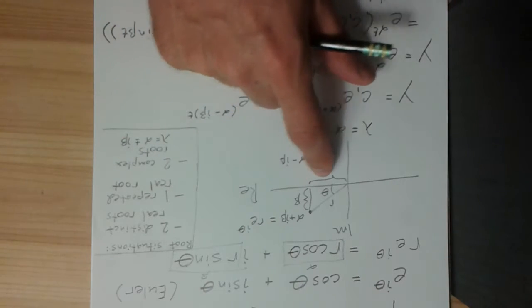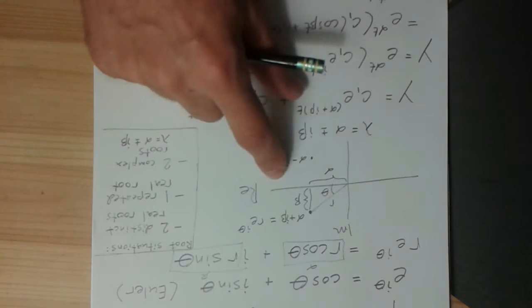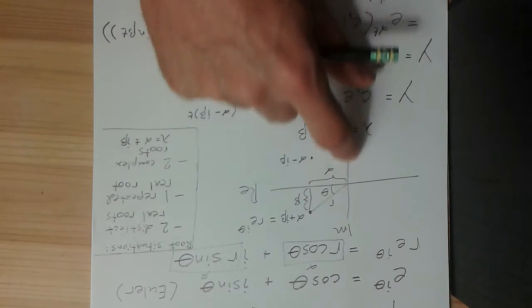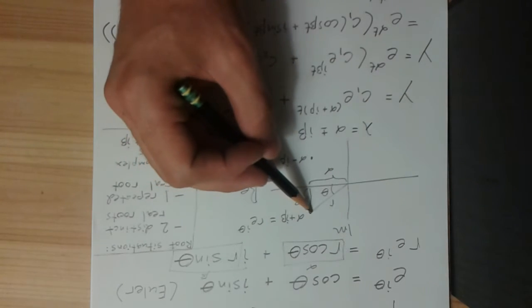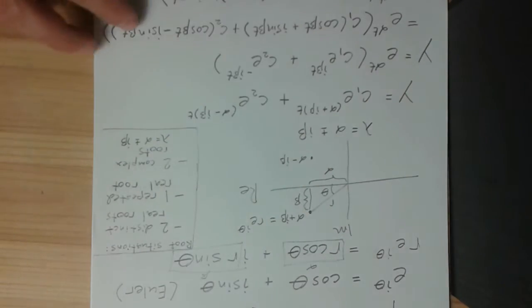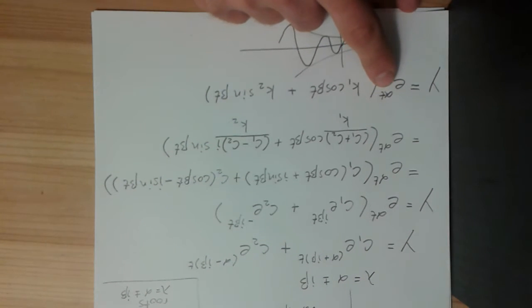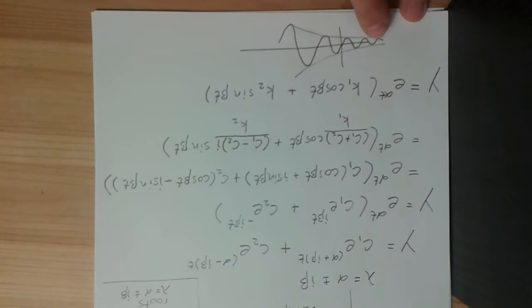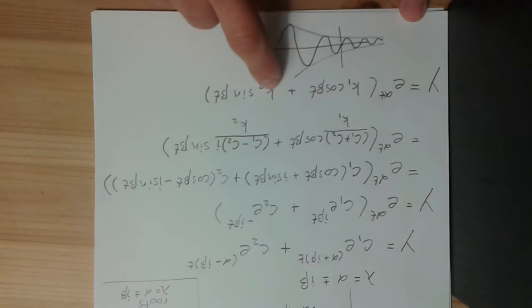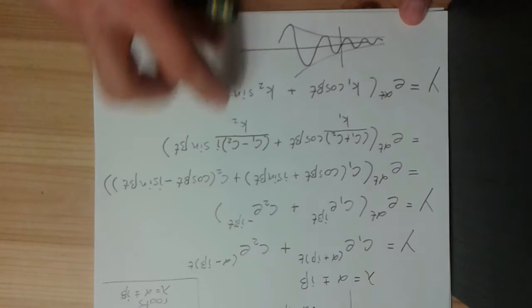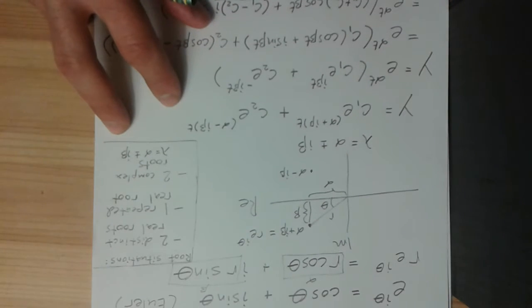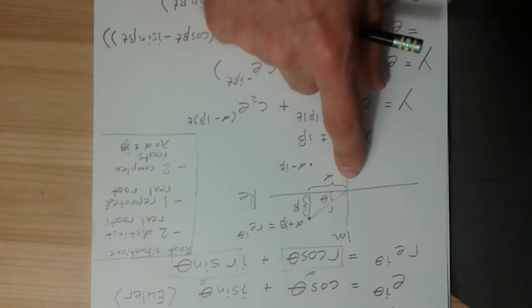Well, the real axis has some sort of meaning to it, and the imaginary axis has some sort of meaning to it when we're talking about where our roots to the characteristic equation are. Alpha seems to control the growth rate of the amplitude of the solution. And alpha, that's the real component.